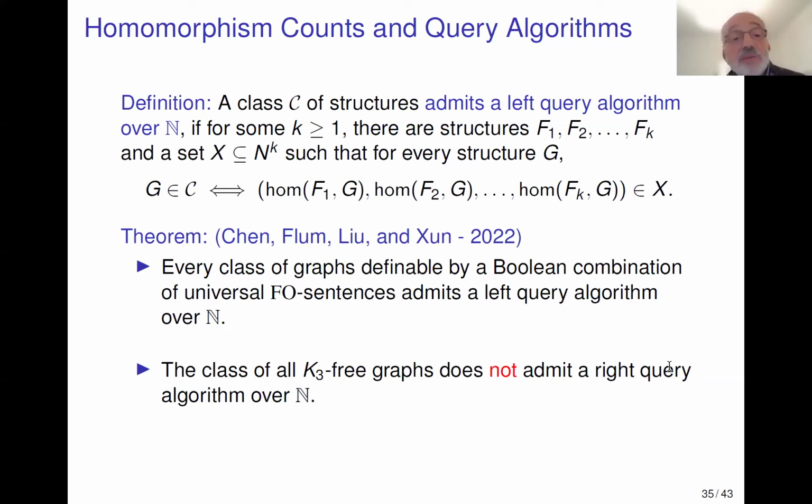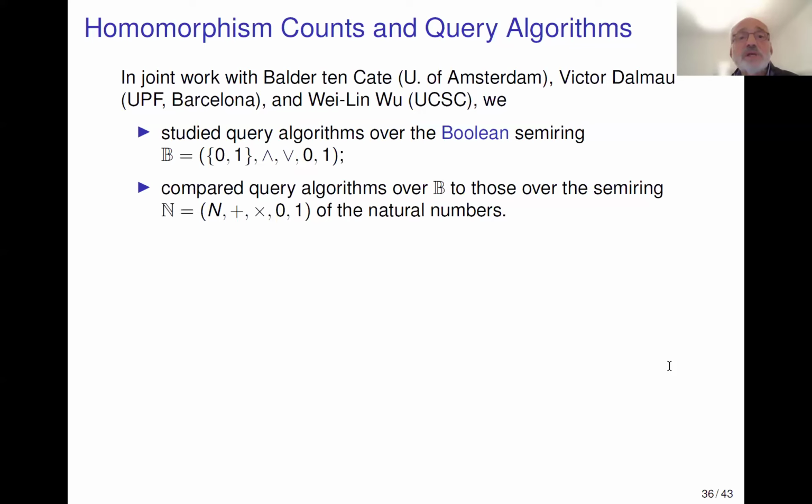From the right, you cannot do that, because the class of triangle-free graphs does not admit a right query algorithm. I didn't define what the right query algorithm is, it is a similar notion, but from the right. So they saw this difference between left and right at the level of query algorithms over the natural numbers.